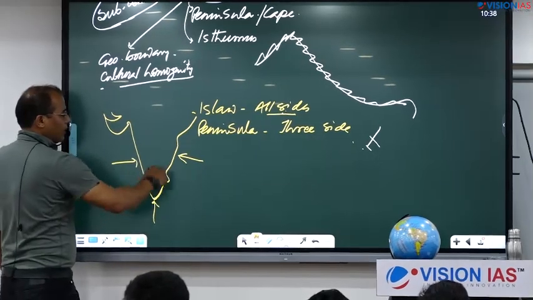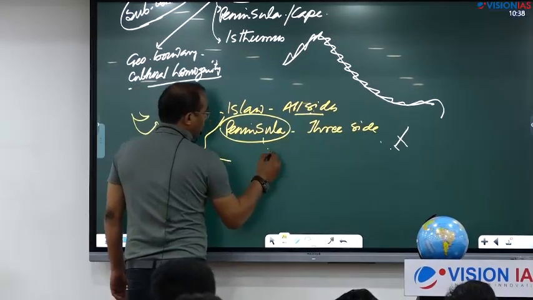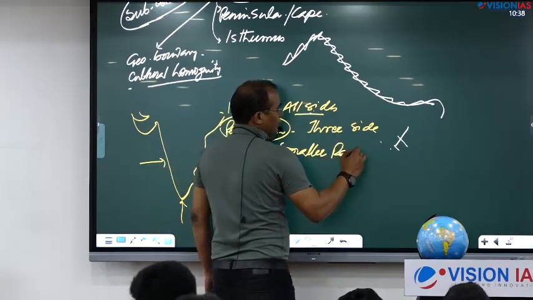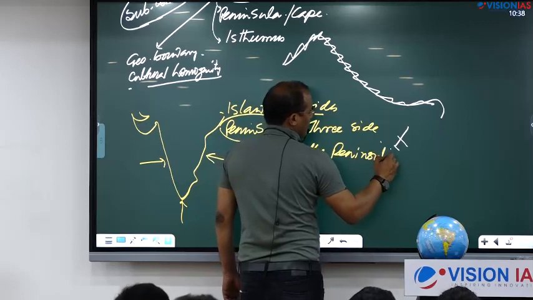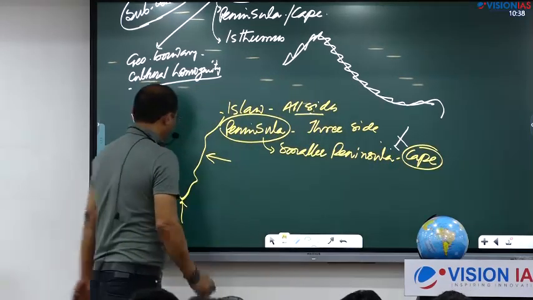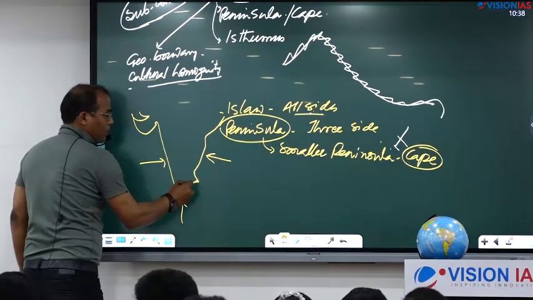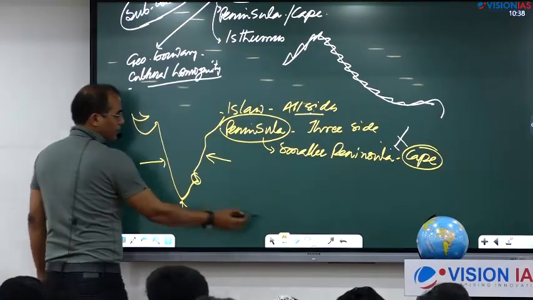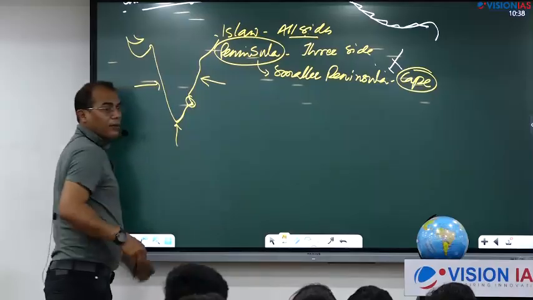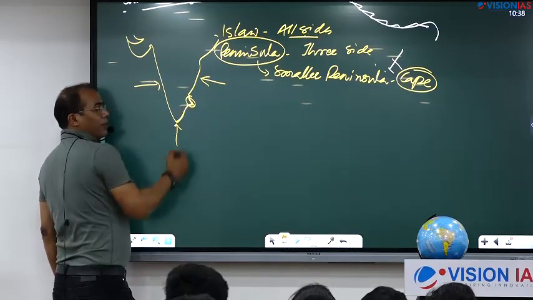So this is called a peninsula. A large one is called a peninsula, or a smaller peninsula is called a cape. Cape Comorin. In our case, Cape Comorin. Look at here. This is also a peninsula, but not big enough. This is a peninsula, but small ones we call Cape Comorin.